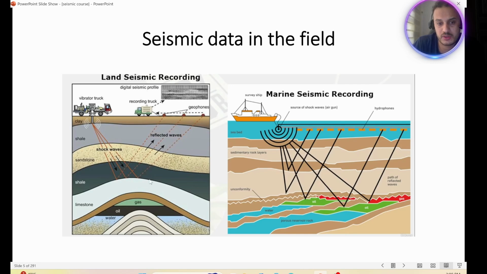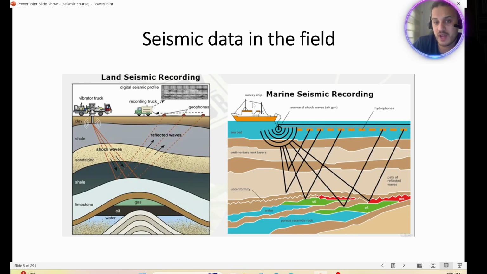This is the origin to generate the hydrocarbon. When these seismic waves go through the rocks, they will bounce back, and some of these waves will continue deeper. When they bounce back, we have the geophone, and then it goes to the truck, where we record the seismic traces.